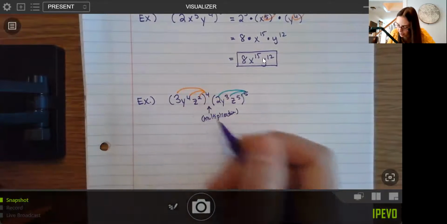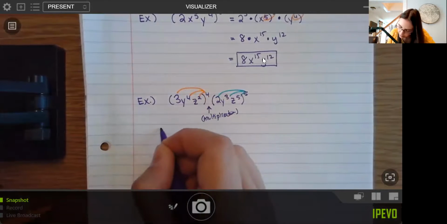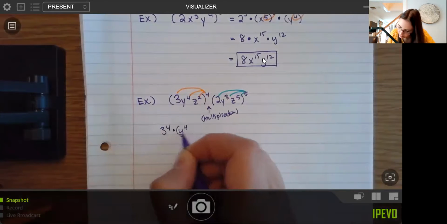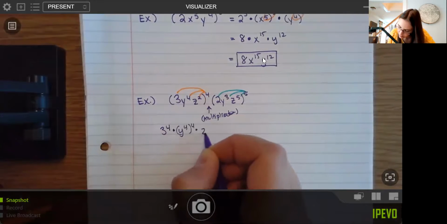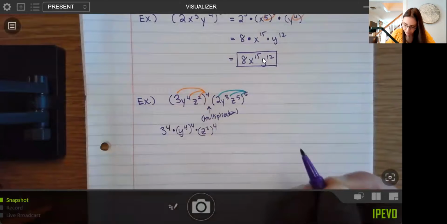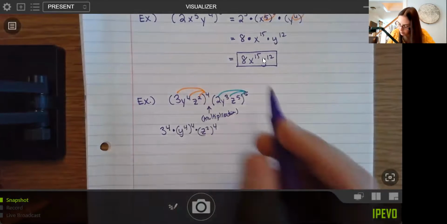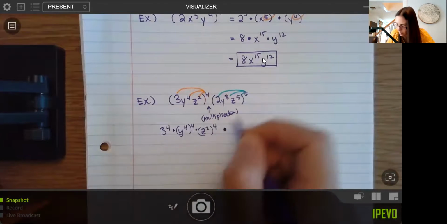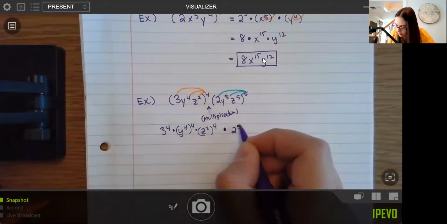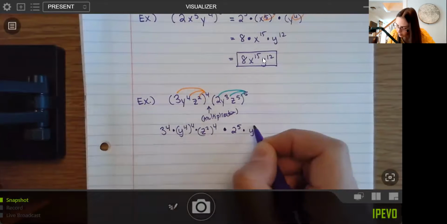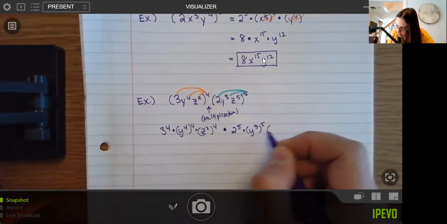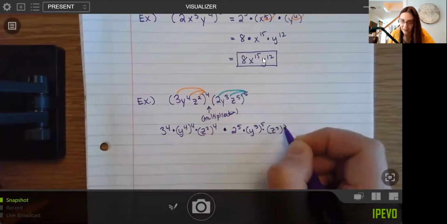So for the first part, I end up with 3 to the 4th times y to the 4th times z squared to the 4th. And then for the other one, we're just going to put a big multiplication symbol in between just to separate my 2 parts. 2 to the 5th times y cubed to the 5th times z to the 5th to the 5th.